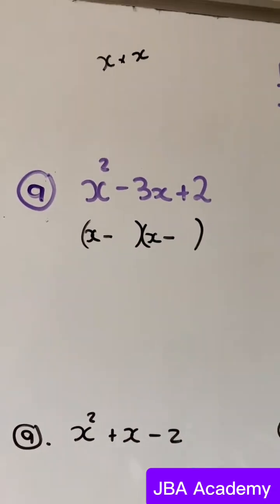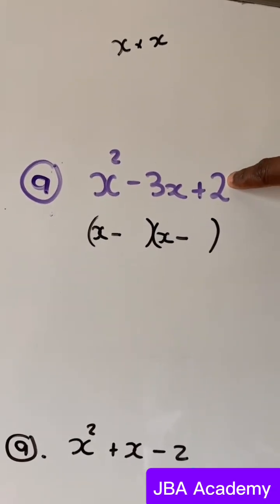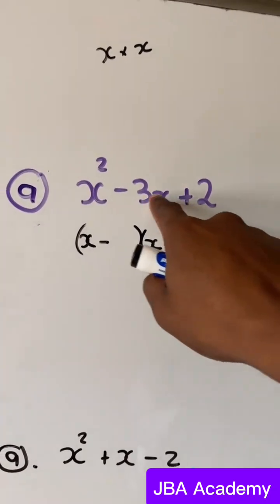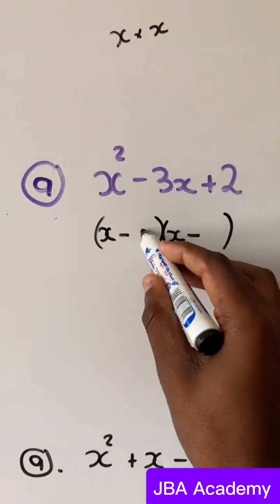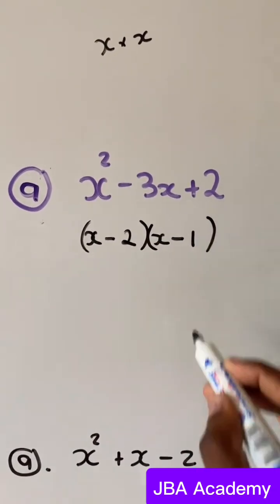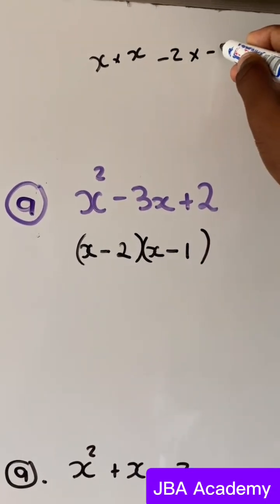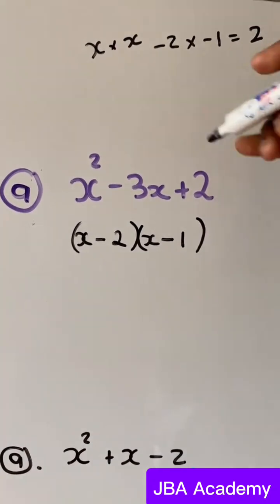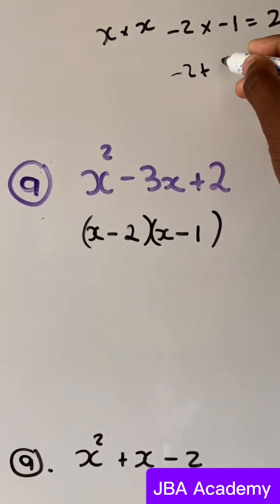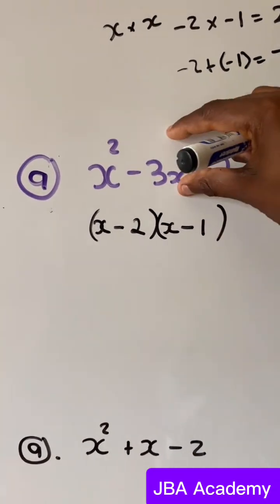Good. Now you want two factors. When we multiply them, they give us 2, but when we add them, they give us negative 3. Well, that is negative 2 and negative 1, because negative 2 multiplied by negative 1 is equal to 2, which is our last term here. But then negative 2 plus negative 1 gives us negative 3, which is our middle term here.